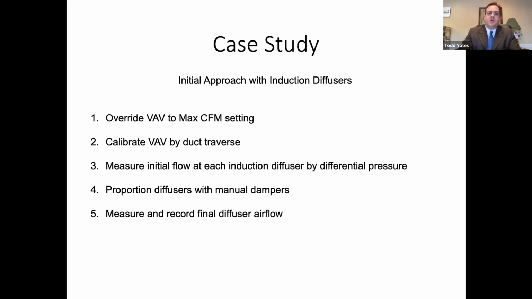So our initial approach to this was similar. We knew that we couldn't read them with hoods, but we also thought that climbing into the ceiling, because some units had as few as 1 or 2 induction diffusers, some had as many as 10.